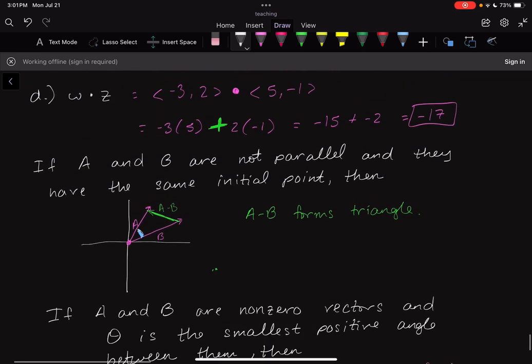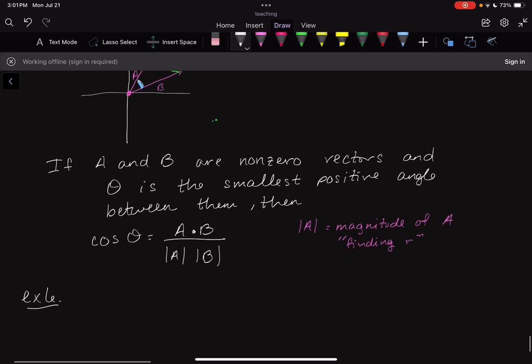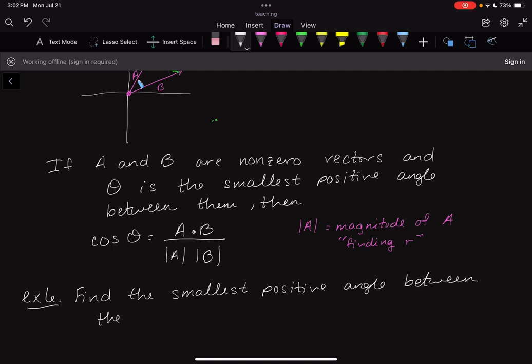So of course we'll do an example. I think we're on example 6. So this one says find the smallest positive angle between the vectors.